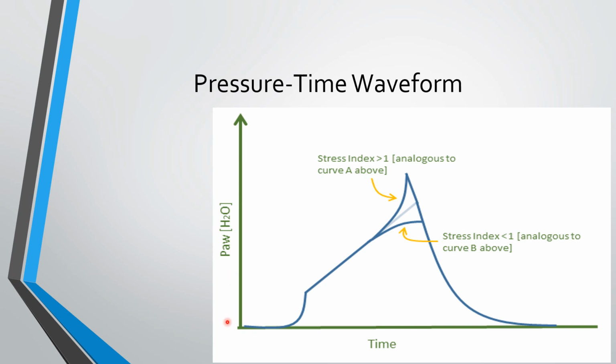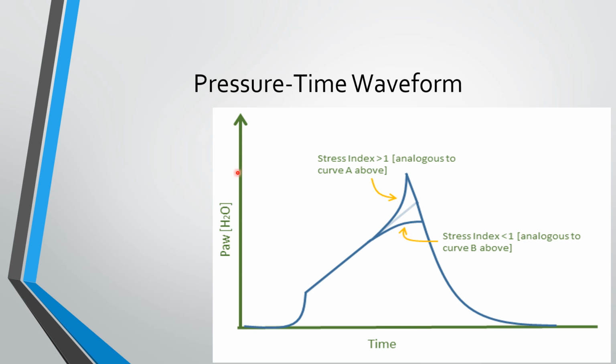Here is a pressure time waveform on a constant flow. Pressure is on the y-axis and time is on the x-axis. In the terminal portion of the inspiration, you can see three different lines. The middle one is following the linear pattern, meaning if we follow it down towards the beginning of the inspiration, it will join without any curvature. The line below the linear line is away from the y-axis.